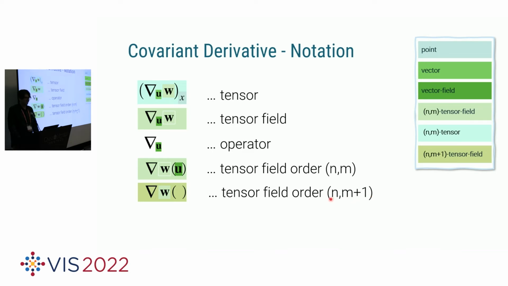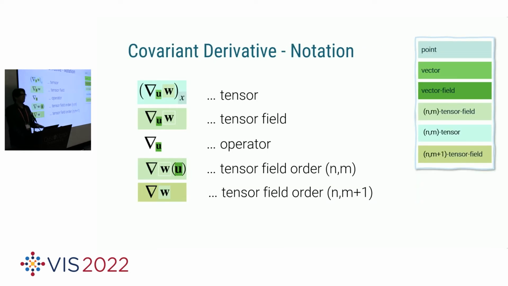So we have seen this, that tensors are defined by the input arguments, or their type is defined by the input arguments, so that when I now leave away the direction, the vector, then I have a new tensor, this nabla w, but I need to feed it an additional vector now. So I constructed from this one tensor field another one of a different type, and this is often very useful. So of course we can now leave away also the empty brackets here. So this here would now be another tensor field, and this tensor field has a different order than the input tensor field w.